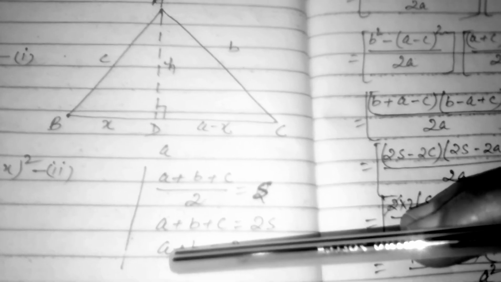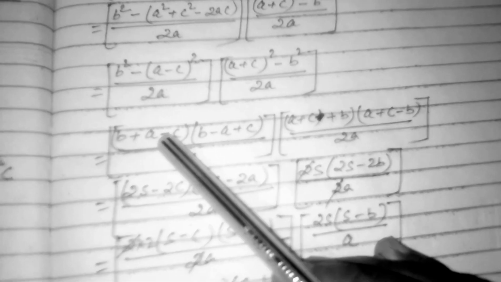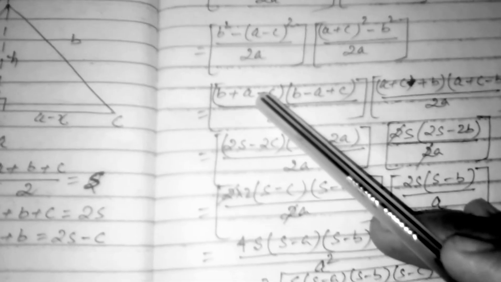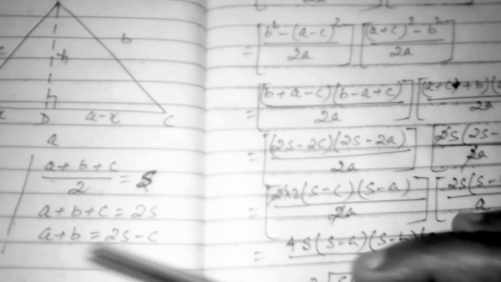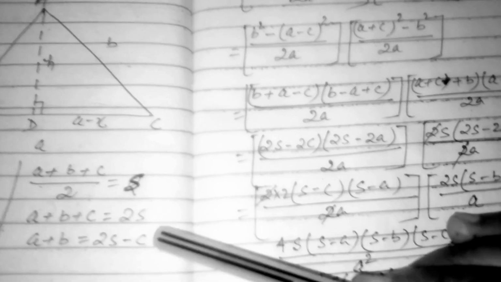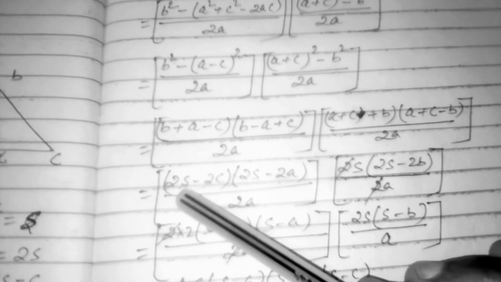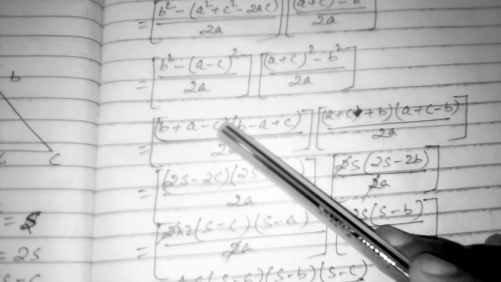Then we can find a plus b is equal to 2s minus c. In place of a plus b we can write 2s minus c, it will be minus 2c.